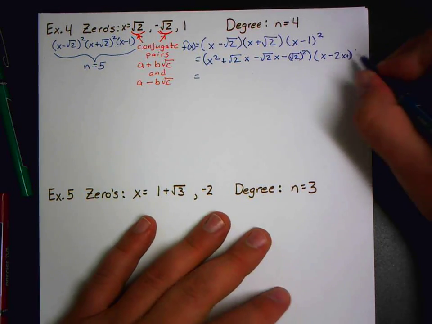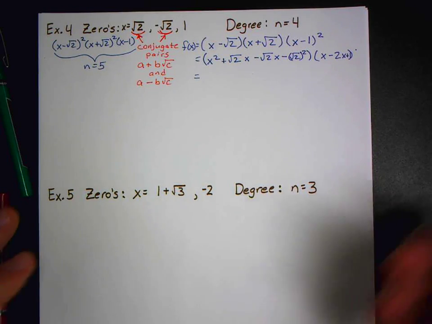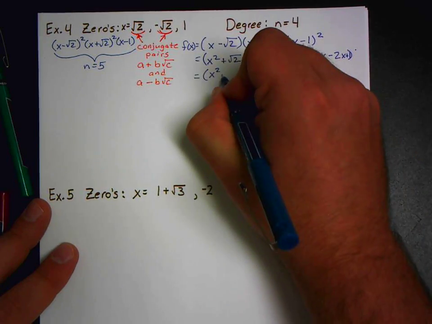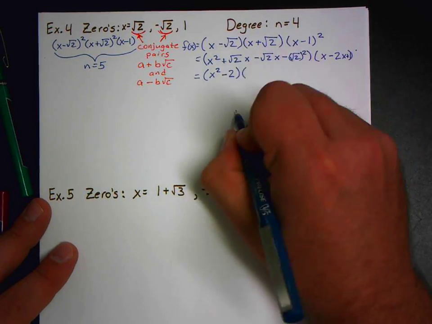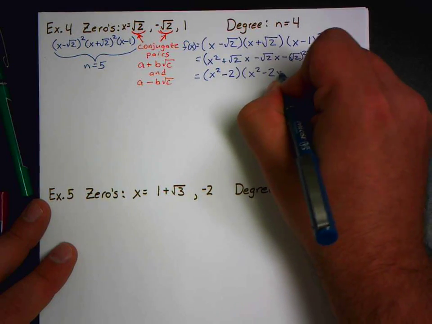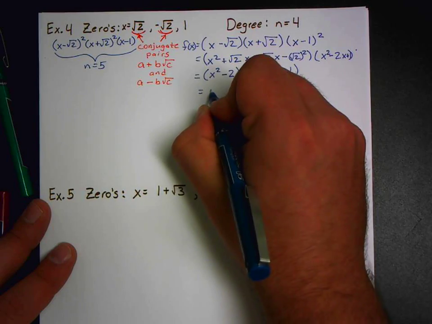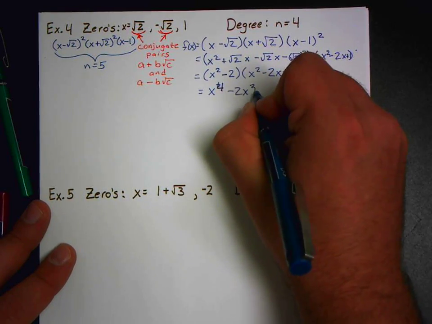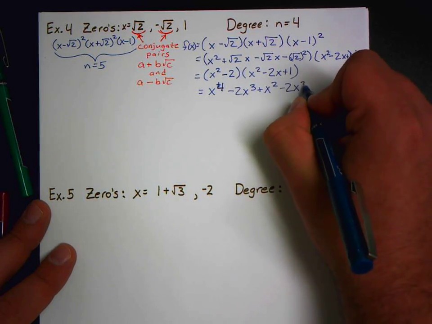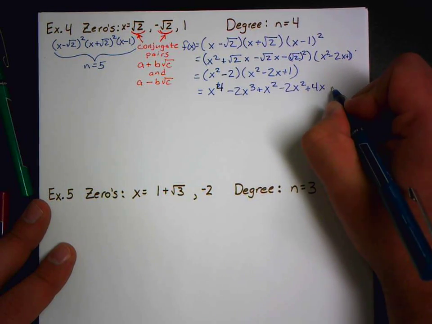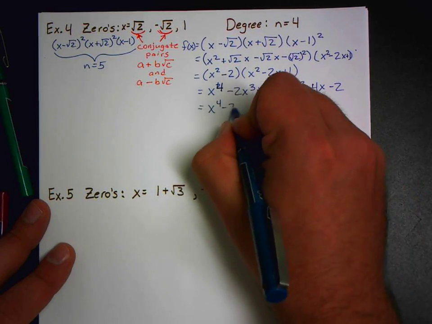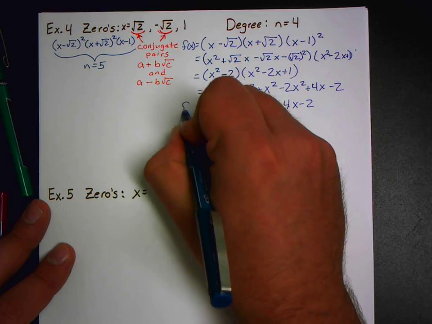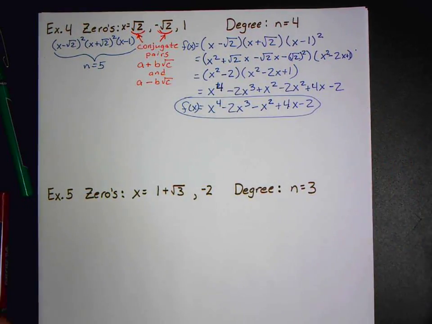I drew my parenthesis before I wrote +1. So see, now I have my degree of 4.